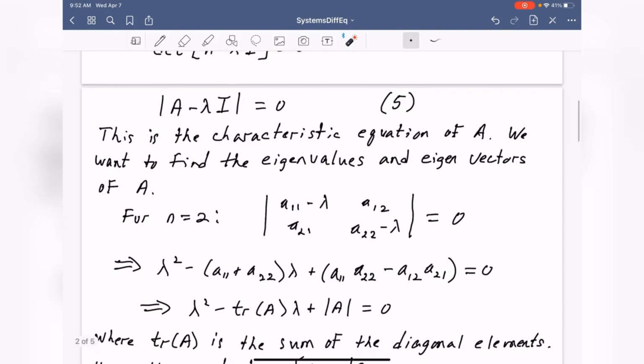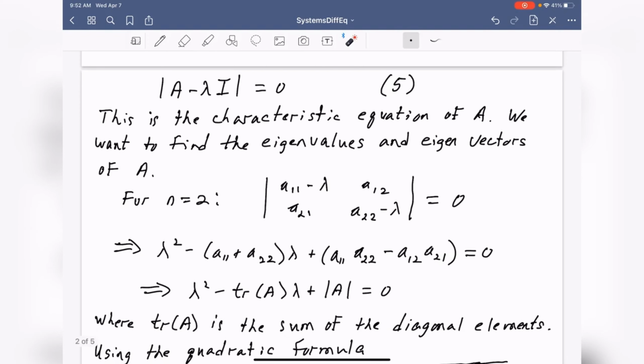So let's look at that two-dimensional case. We can write that as a11 minus lambda, a21, a12, and a22 minus lambda, set equal to 0. We get this equation here, and you'll notice that it has lambda squared minus (a11 plus a22) times lambda. That's simply the trace of the original A matrix multiplied by lambda.